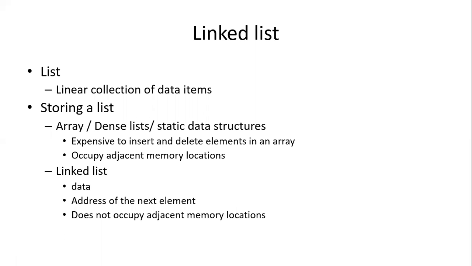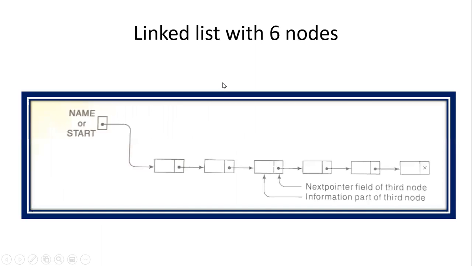Now let us see what a linked list is. How does it appear? This is the basic form of a linked list. You can see that it's not accessing adjacent locations anymore. Adjacent locations mean what? It's like an array where you have a long array with many elements in it. If this is the first location of an array, the second location will be an adjacent one.